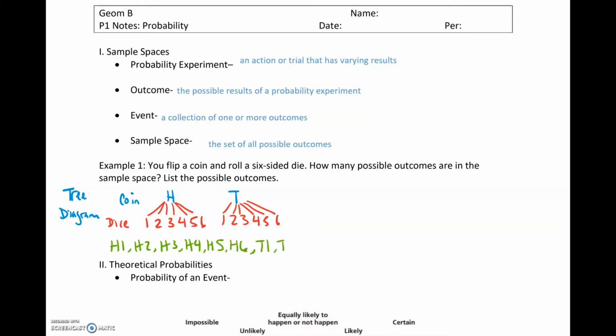Also tails 1, tails 2, tails 3, tails 4, tails 5, and tails 6. So we have a total of 12 outcomes. So one thing you'll realize is to figure out how many possible outcomes there are, you just multiply, right? We have 2 possible outcomes from the coin, 6 possible outcomes from the dice. 2 times 6 is 12.